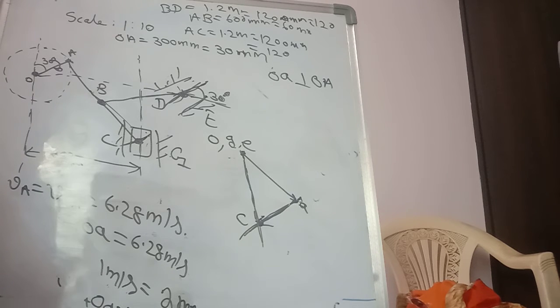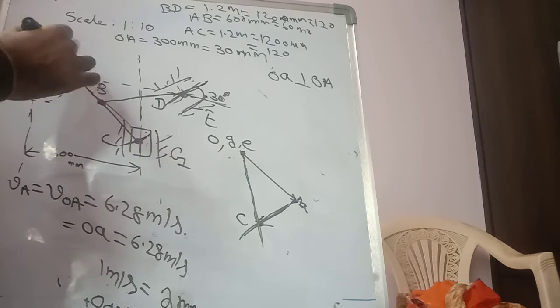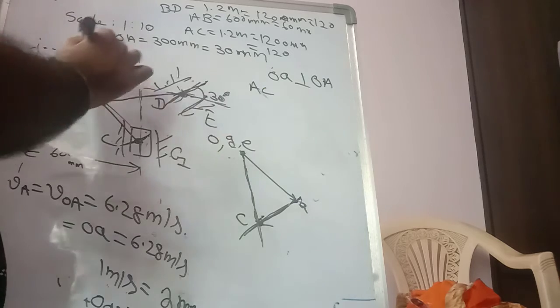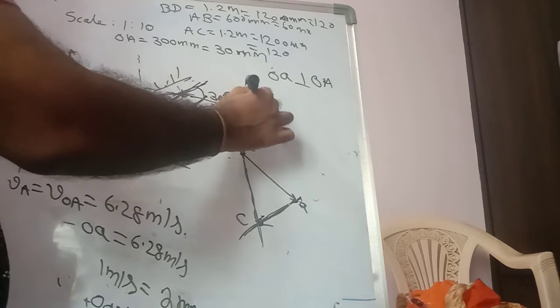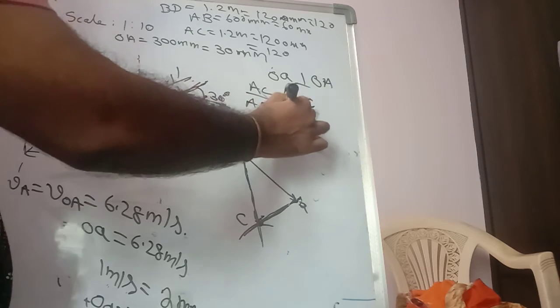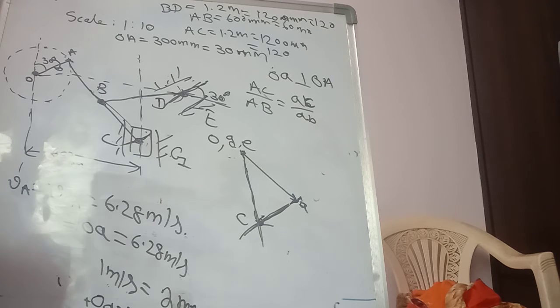what do we require? B. Because B is on the link AC, we have to find out capital AC by AB is equal to small ac by small ab.